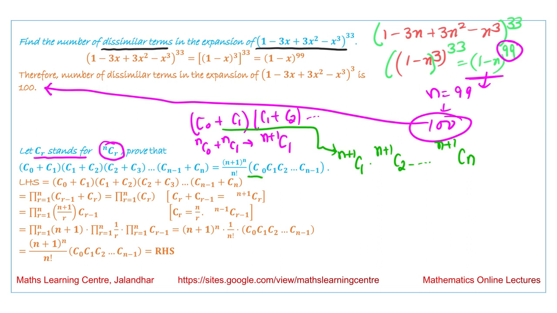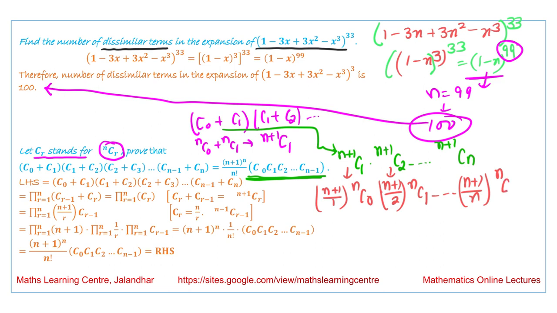Now the answer we require is in the form of nC0, nC1. To reduce these terms, we use the result that we can write (n plus 1) by 1 into nC0. Next term we can write as (n plus 1) by 2 into nC1, and so on up to (n plus 1) by n into nC(n minus 1).